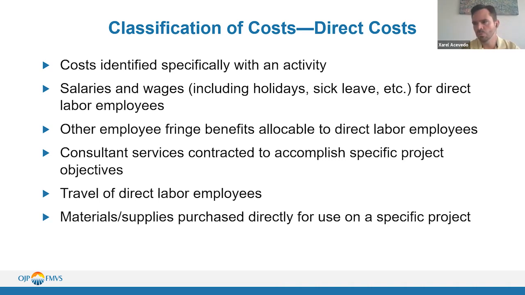And this happens when it just becomes too cumbersome to actually try and trace. Let's say a supply, for example, a staple or a pen or a Post-it. It's just not worth it, so we include it under an indirect cost. This list is not exhaustive. You can have many other direct costs, but like we said, they are specific to a portion of the program, and easily identifiable and traceable.